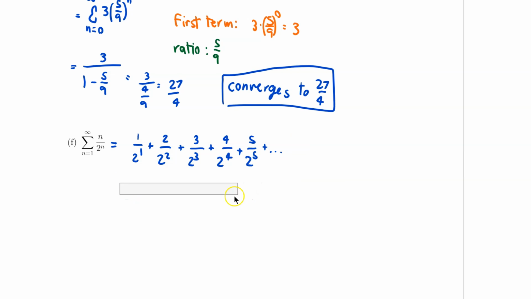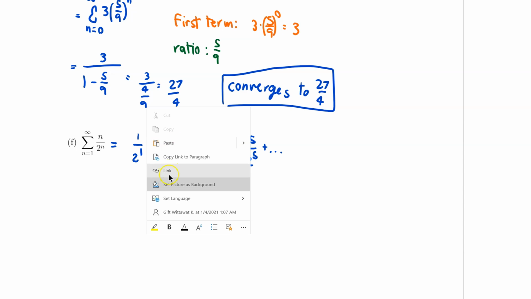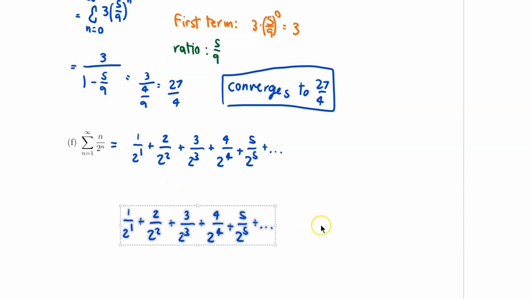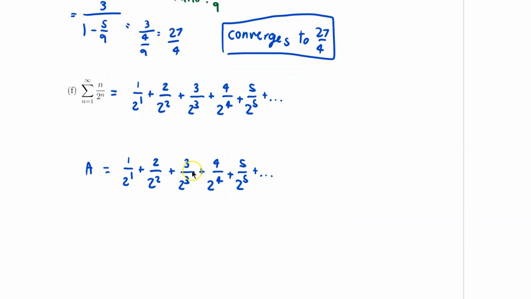Notice how the ratio here is 1/2. So I'm going to let a variable a equal this whole sum. As I said earlier, the ratio between these numbers seems to be 1/2, but the numerator increases by 1 from term to term.